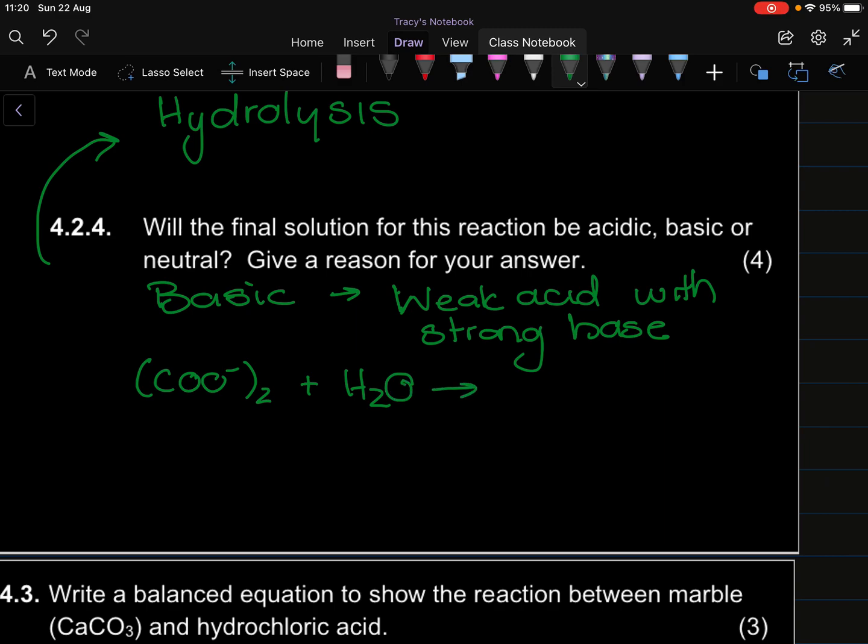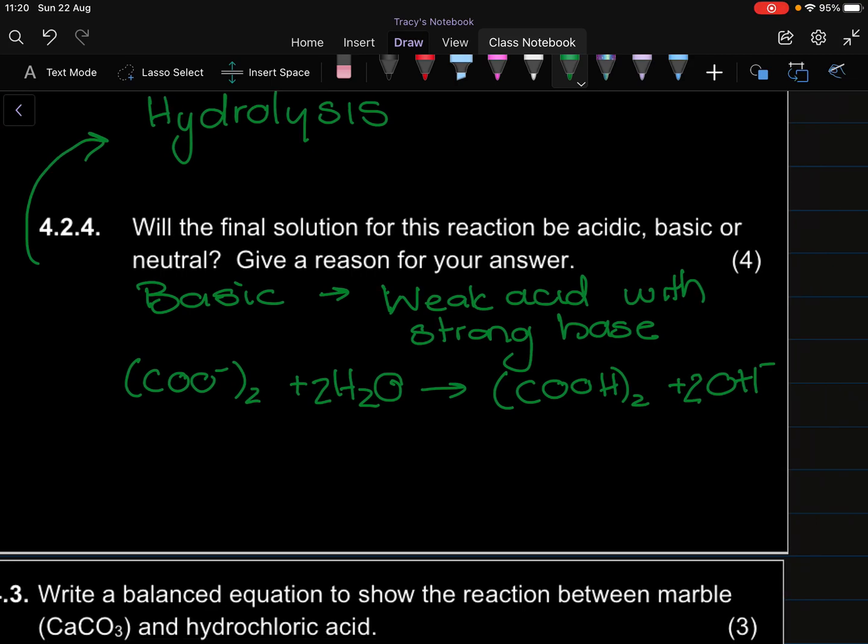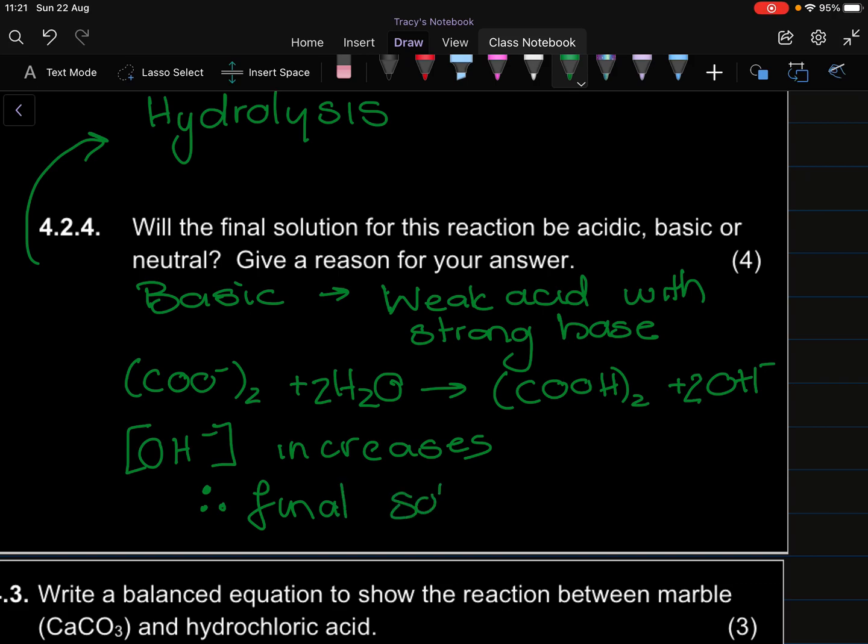Okay, and it's going to form (COOH)2 again plus OH minus, and I need 2 of everything here. Okay, what does that mean for us? So that's the hydrolysis of the anion of the sodium salt. So the OH minus ion concentration increases, therefore final solution is basic. We'll have a pH greater than 7. Okay?